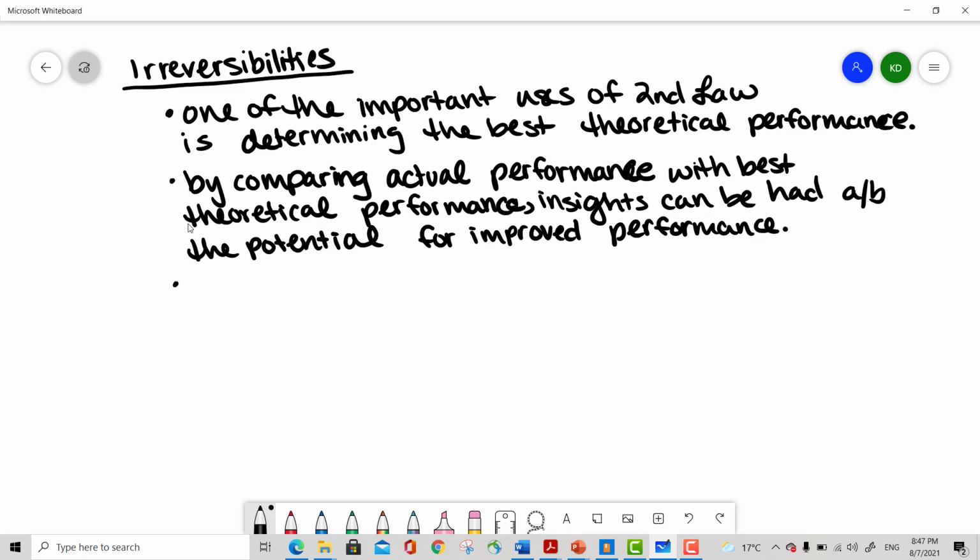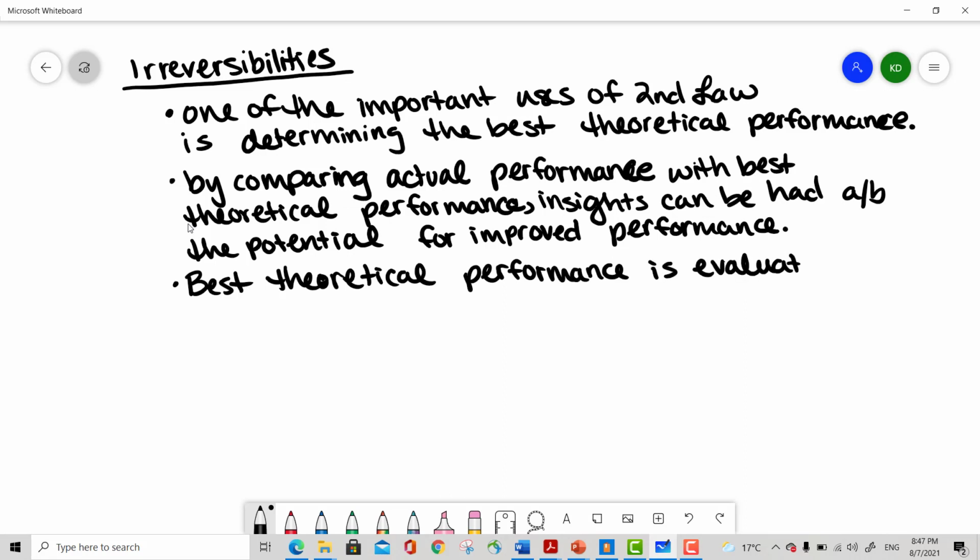So that's what we base our theoretical performance on. So best theoretical performance is evaluated in terms of idealized processes.